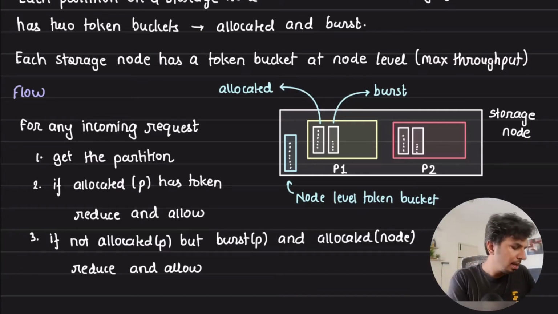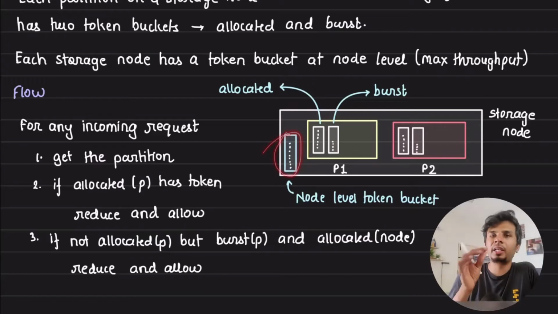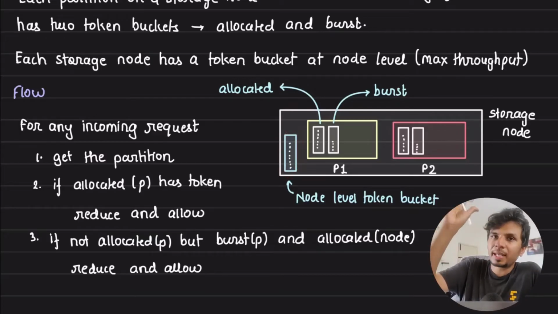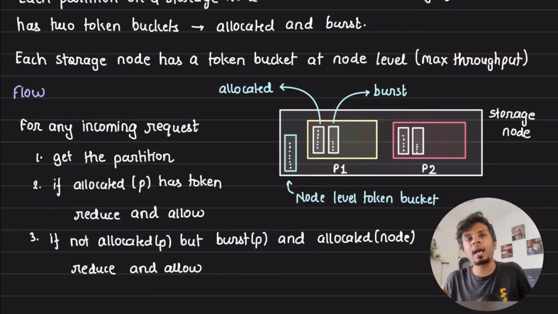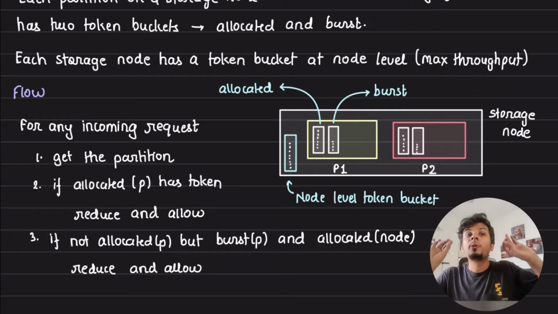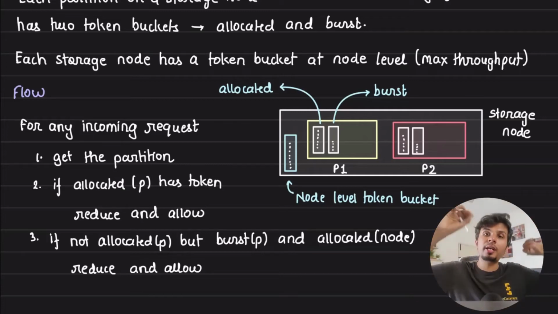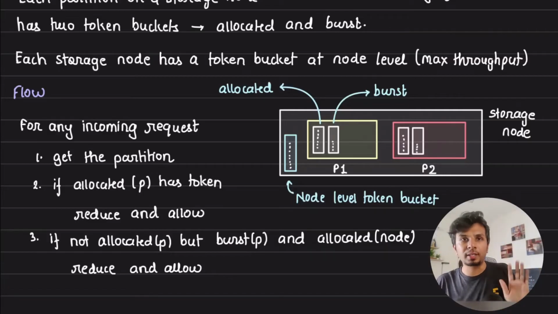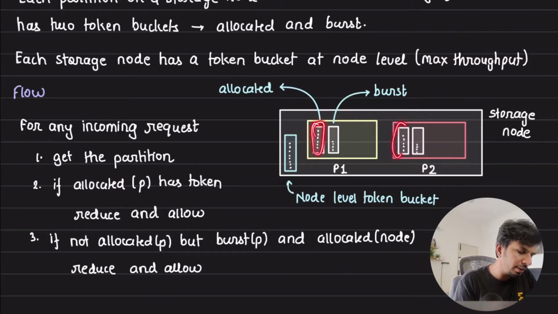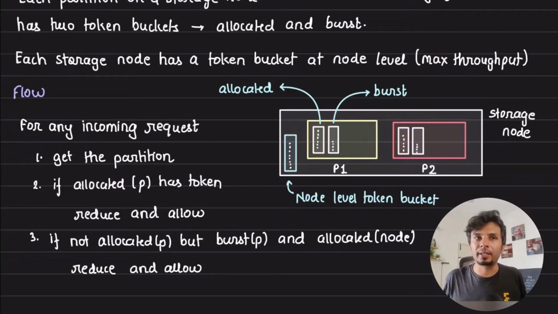So every second the token bucket on this server would have 300, because that's the global limit that I have. So 300 tokens would be there in this bucket, right? Each partition would have its own token bucket, the provisioned throughput or the allocated token bucket. For this partition 100 is the allocated one. So for P1 it is 100, for P2 it is 100. These are allocated things, right?